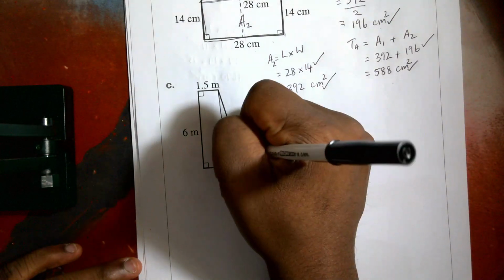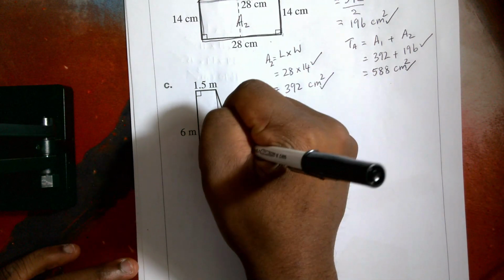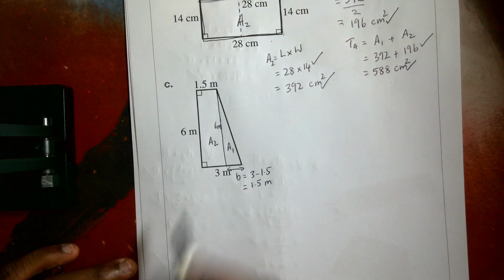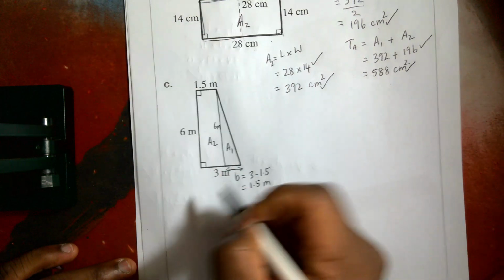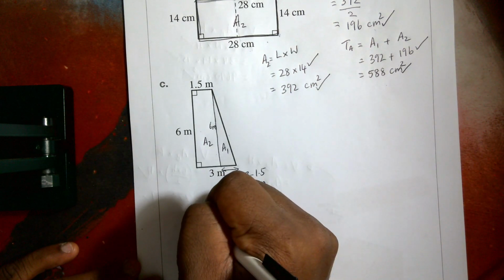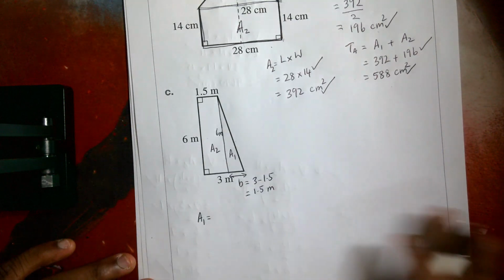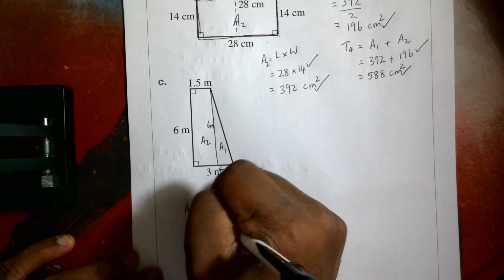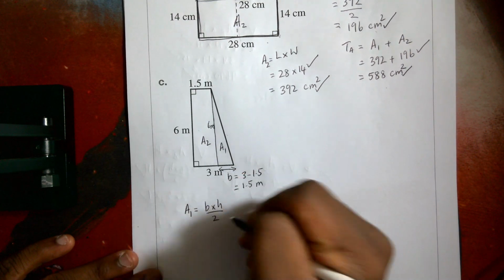Now I've got area 1 and area 2. Again, a triangle and a rectangle. So area 1, we're going to use our triangle formula, which is base times height divided by 2.